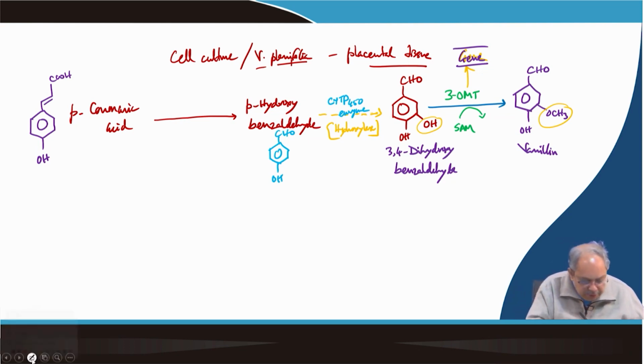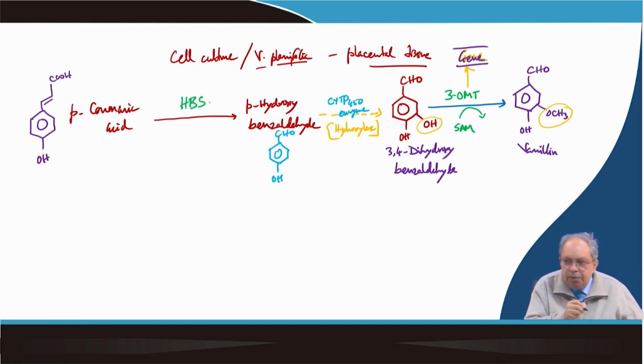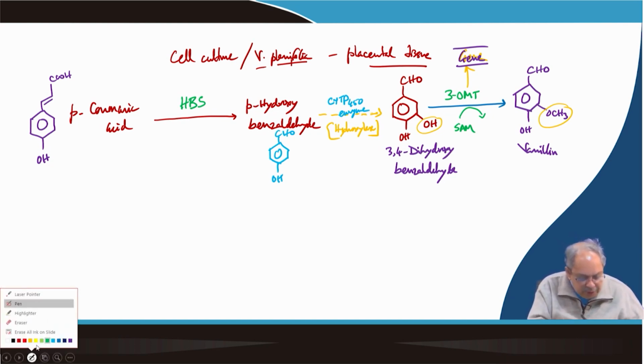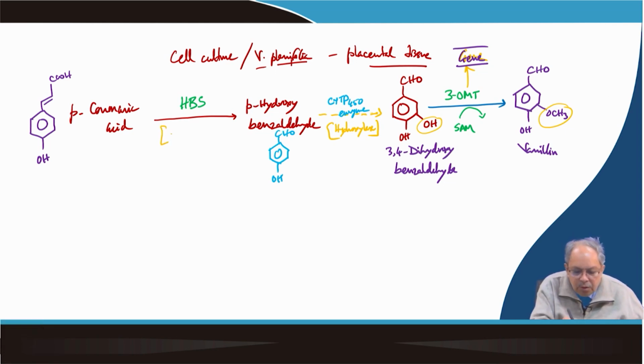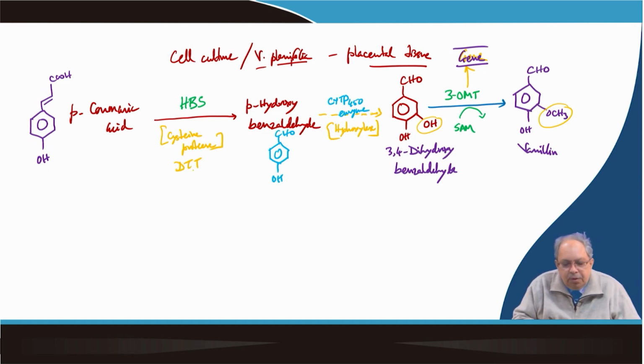So, one point here to tell that this step particularly which converts para-coumaric acid to para-hydroxybenzaldehyde, the enzyme was characterized and it was called HBS, para-hydroxybenzaldehyde synthase. It was found to be a cysteine protease type enzyme, and it requires DTT for its activation. So, more DTT, more active.